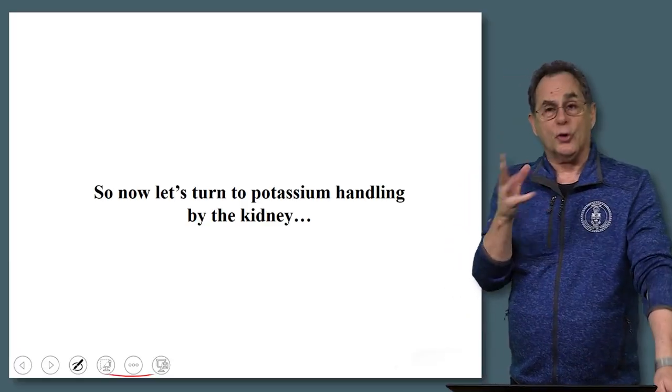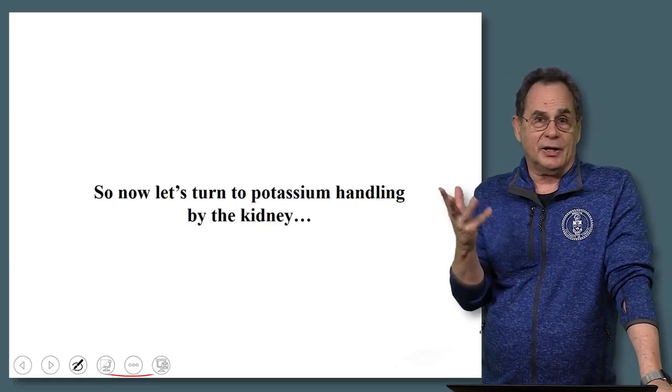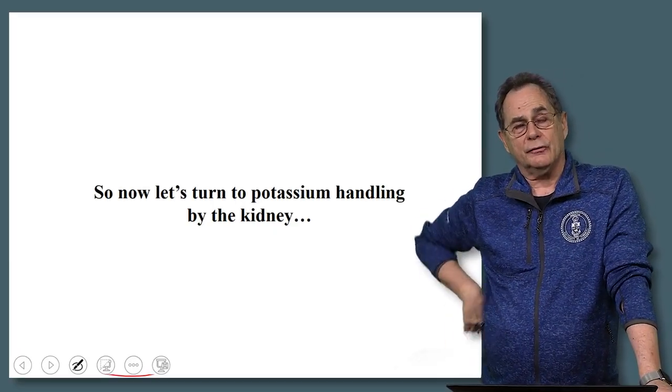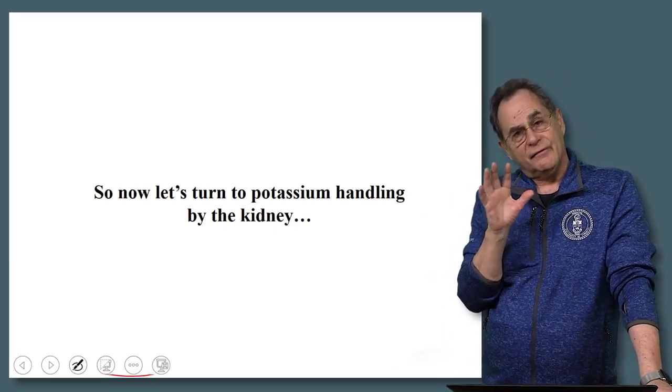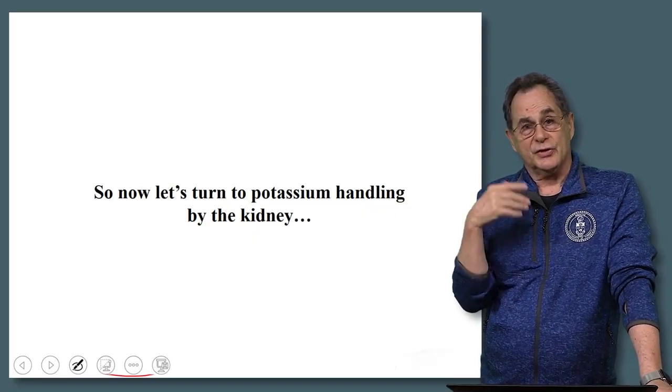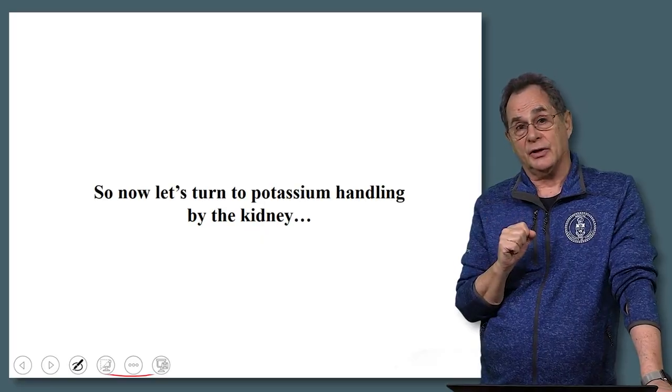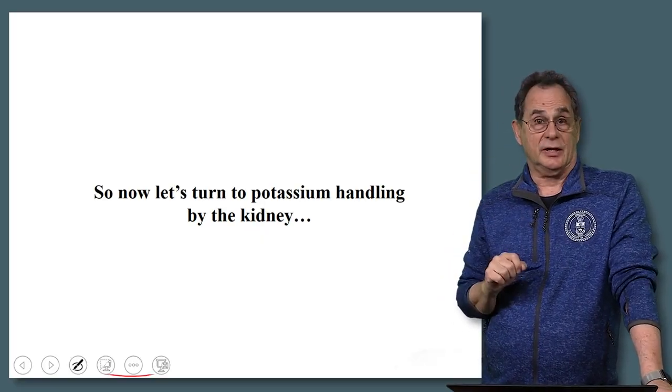So now, of course, if you and I sit there and we keep eating bananas and fruit and we keep moving potassium from the extracellular fluid into the intracellular fluid, eventually we're going to be faced with increasing our total body potassium. And we're going to have to figure out how to get rid of it. And that's where the kidney comes in.